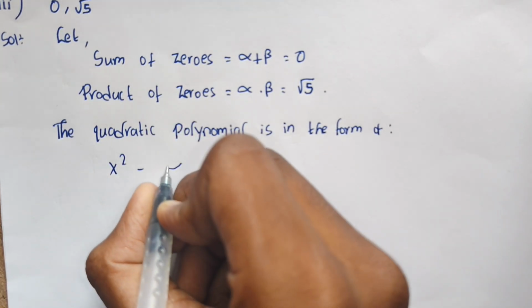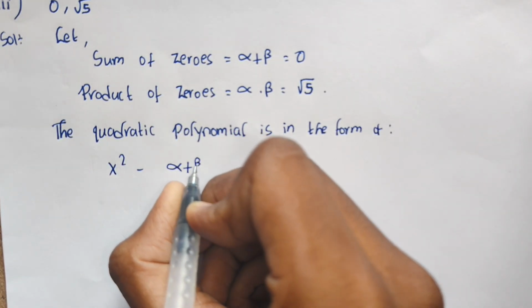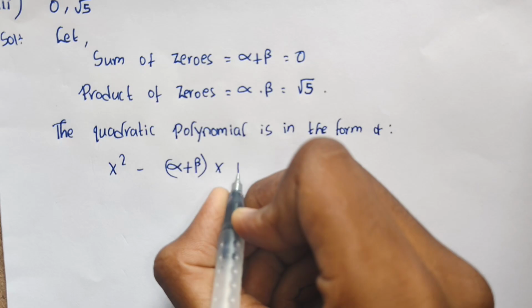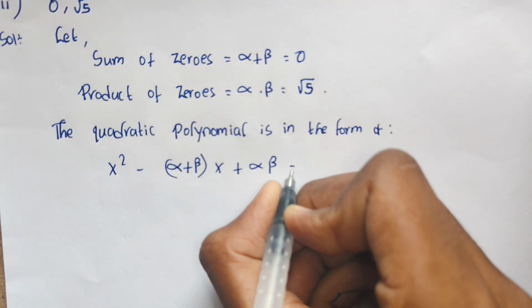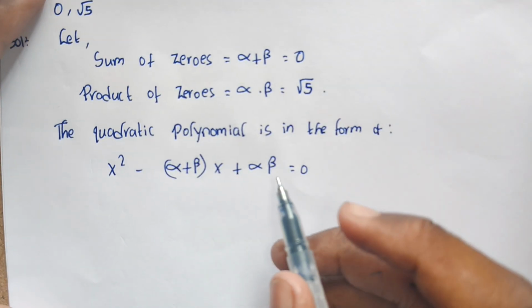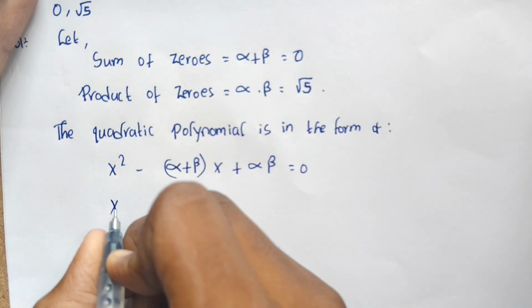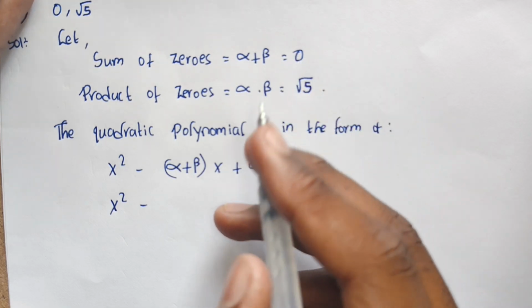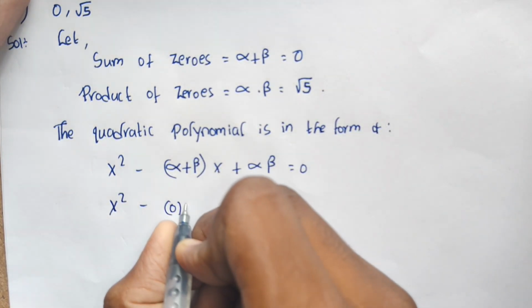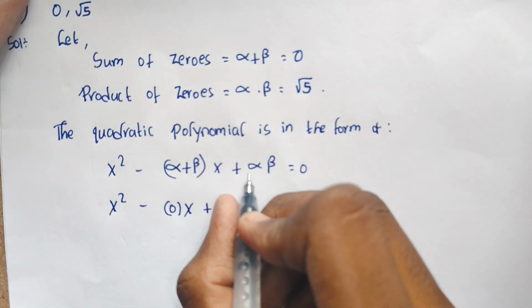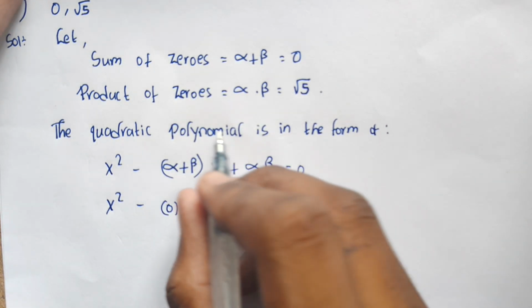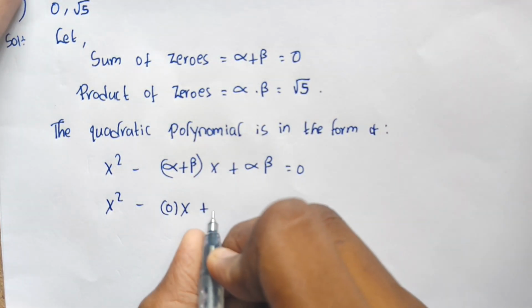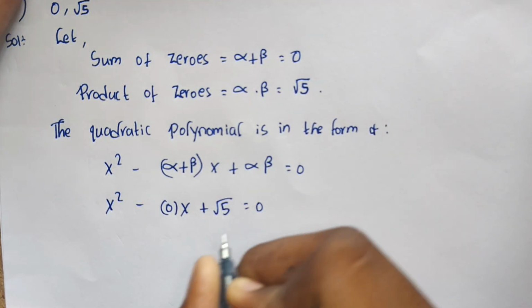x square minus alpha plus beta into x plus alpha beta equals to 0. Here x square minus, what is the value of alpha plus beta? 0. 0 into x plus alpha into beta, the product of zeros, is square root of 5 equals to 0.